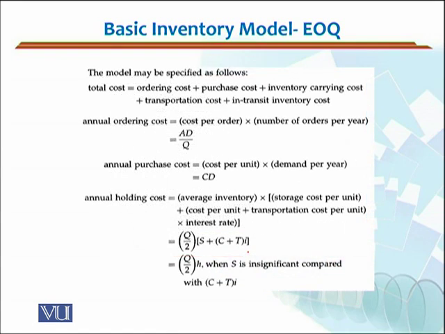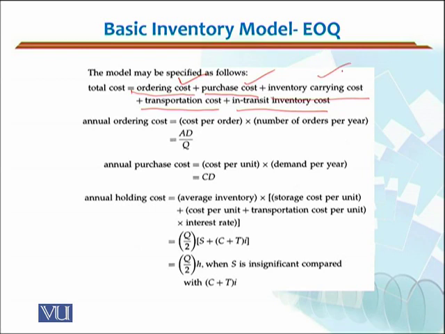So we can specify the model as follows. The total cost would be the ordering cost plus the purchase cost plus inventory carrying cost plus transportation cost plus in-transit inventory cost. I know that the basic inventory model which you have discussed before would only have the ordering cost, the purchase cost plus inventory cost.